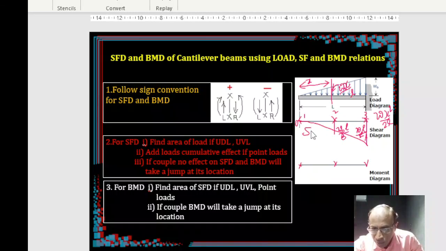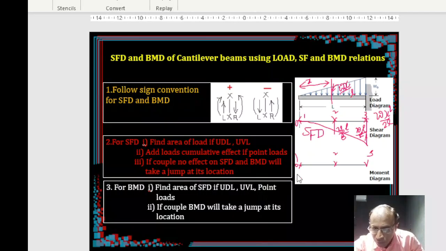This is your SFD. Now if you are targeting the bending moment, again you take 3 points, say 1, 2 and 3. So let us say at the first point, what is the bending moment? For bending moment, what I told you, you take the area of the shear force diagram up to this location. Before that nothing is there, so this ordinate is going to be 0.